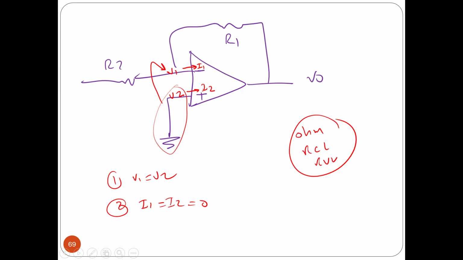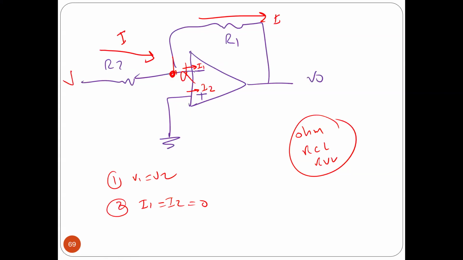Because of that, if you apply Kirchhoff current law here, this I is equal to this I, plus 0, because nothing will enter here. And because of that, you can get some relations.